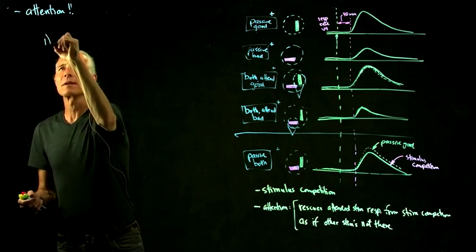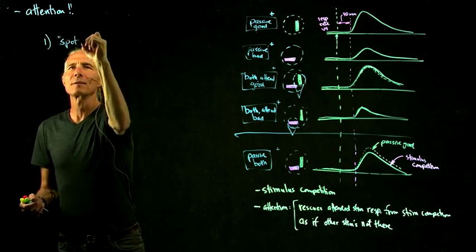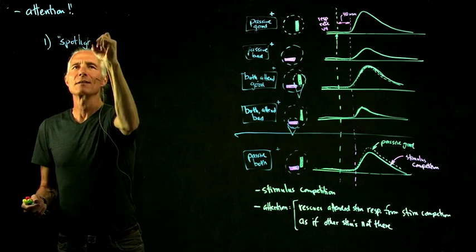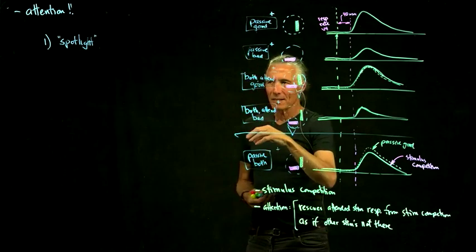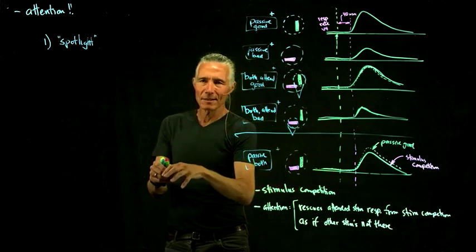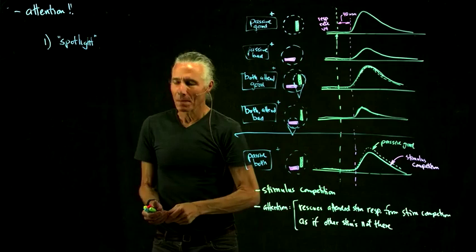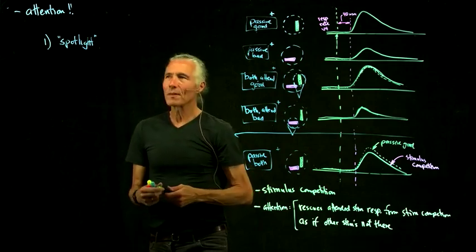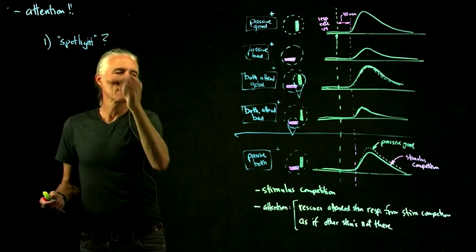But let me say one thing before I talk about that, and just talk about the spotlight. I drew this out as if it's relevant to the discussion about different areas having different kinds of selectivities. So is this actually the way it's working?